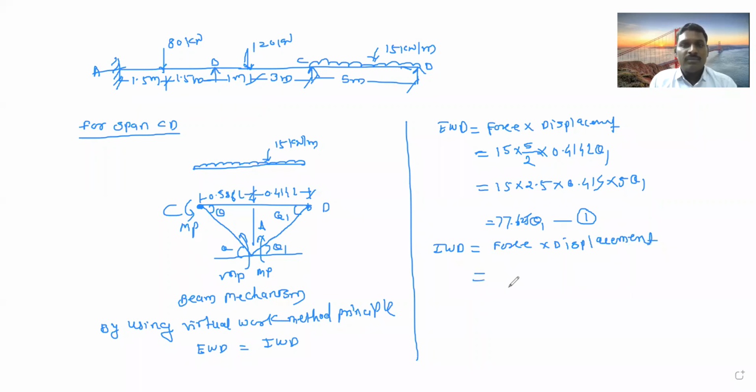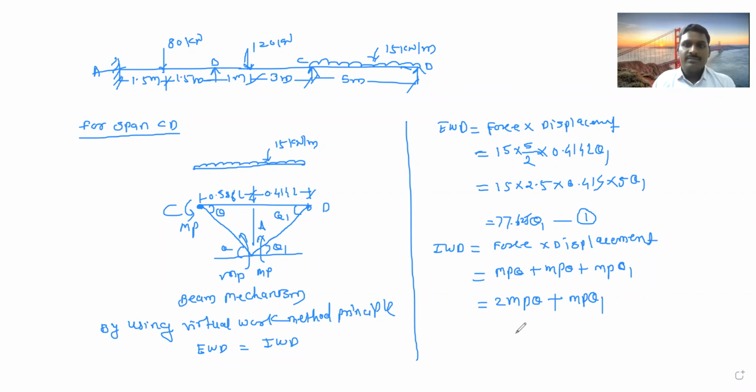So how many moments are there here? 3 moments are there: 2 moments with rotation theta and one moment with rotation theta 1. So here Mp theta plus Mp theta plus Mp theta 1. Correct? So 2 Mp theta plus Mp theta 1.